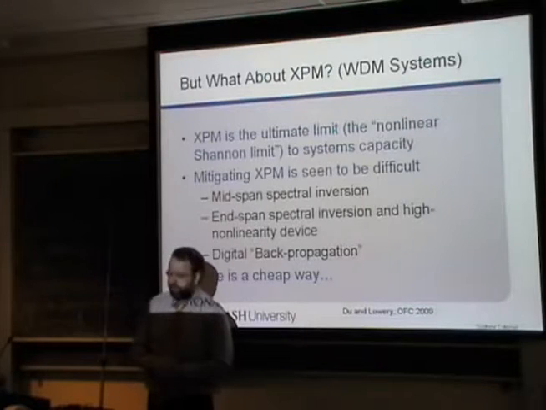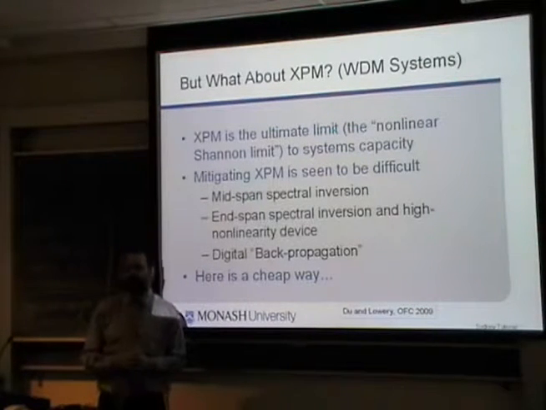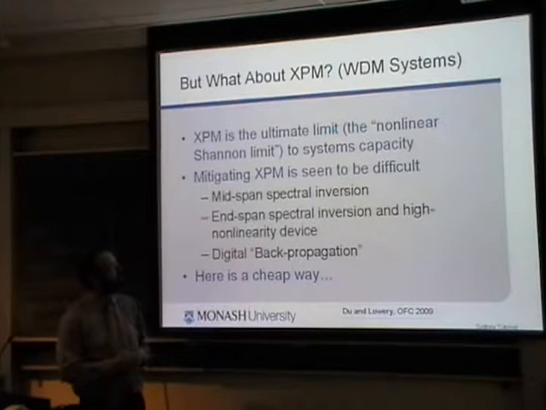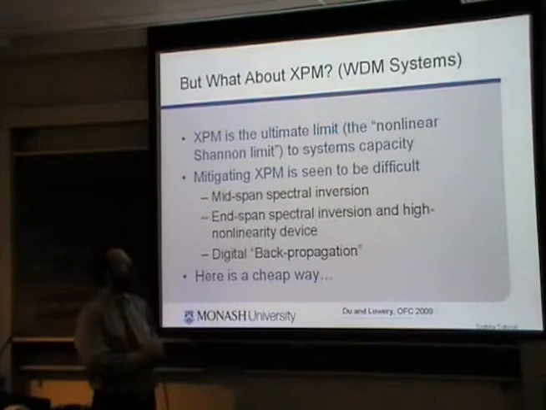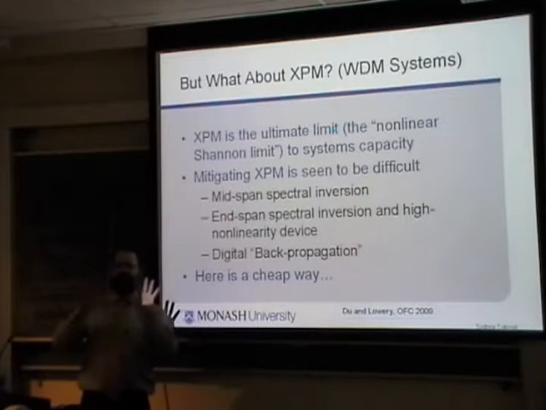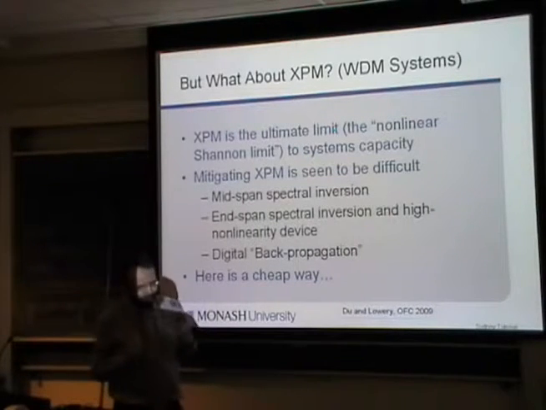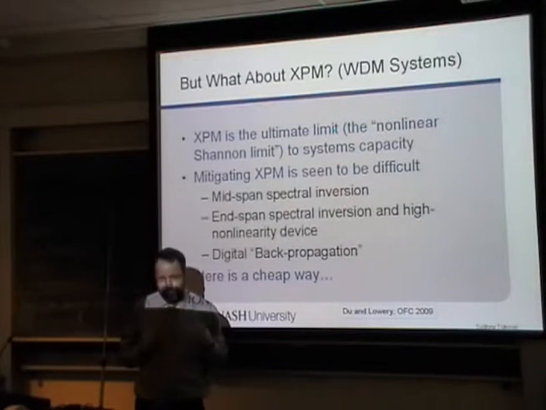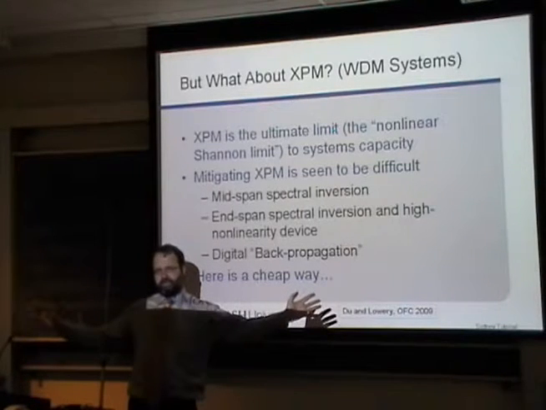But what about cross-phase modulation? Cross-phase modulation is thought of as the ultimate limit to systems capacity. This is one dog affecting another dog, or one WDM channel affecting a neighboring channel. And the pain about this is that you could compensate it digitally, but you would have to have knowledge of all the channels.